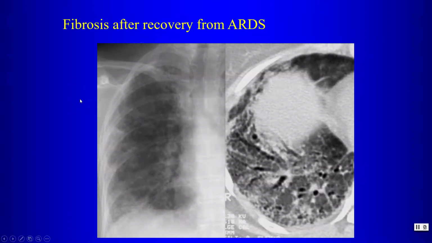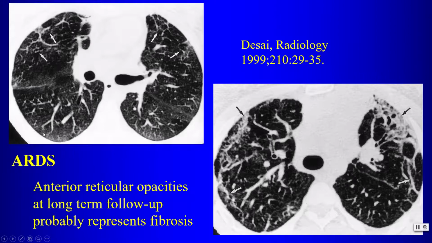And then when the disease progresses, we can have fibrosis, and the manifestation of that can be reticular opacities, as we see here, and traction bronchiectasis, as we see here on the CT. Now, another interesting finding is that the fibrosis can be more so in the anterior regions of the lung, because it is thought that the fibrosis occurs as a result of oxygen toxicity.